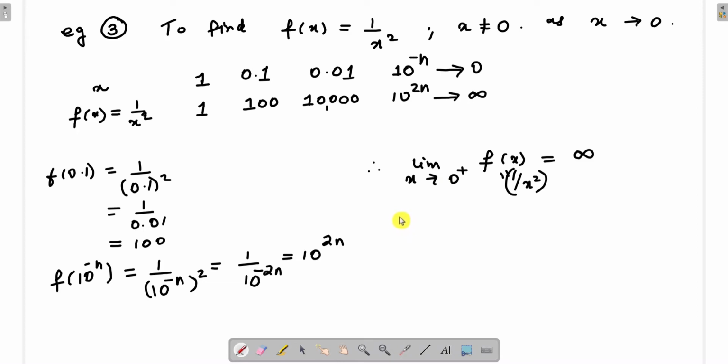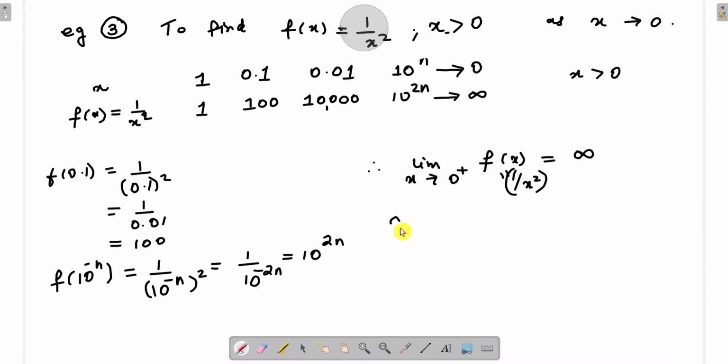But what about the left hand limit? So here you don't have a left hand limit. Why? Because x is greater than 0 here. Oh, I have written x not equal to 0. So here I have to write x greater than 0. So you can see that the left hand limit will not exist as x is greater than 0.